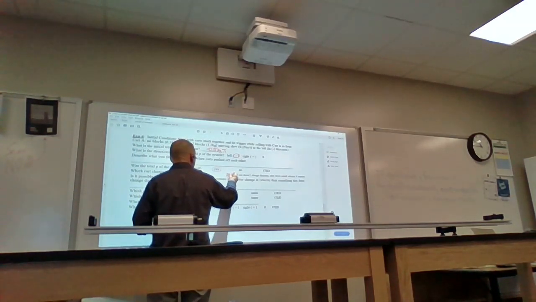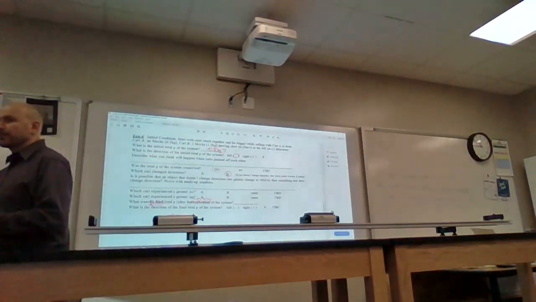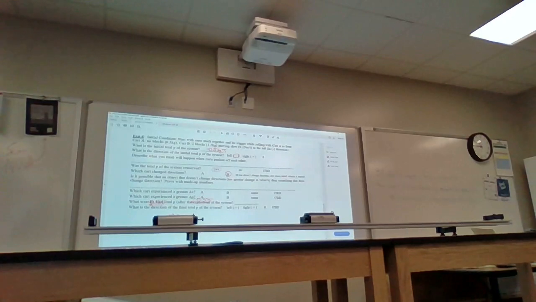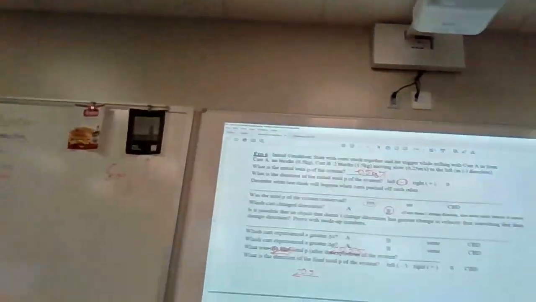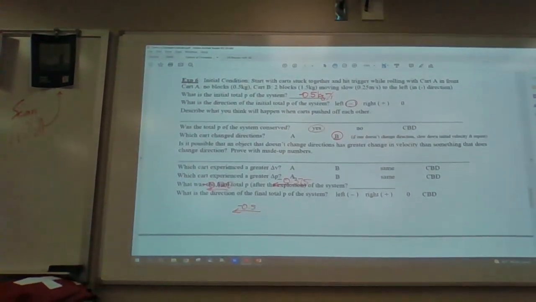All right, so here, B changed directions. Is it mathematically possible for something that continued in the same direction to experience a greater change in velocity than something that changed directions? Yes.